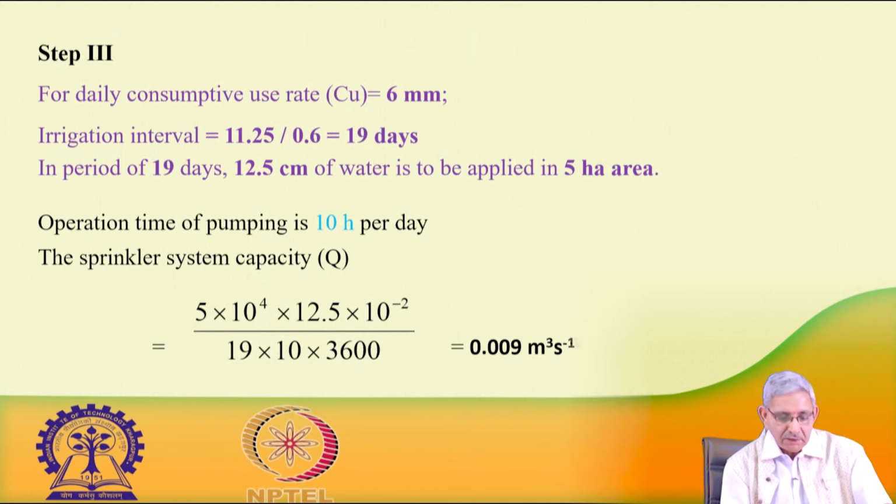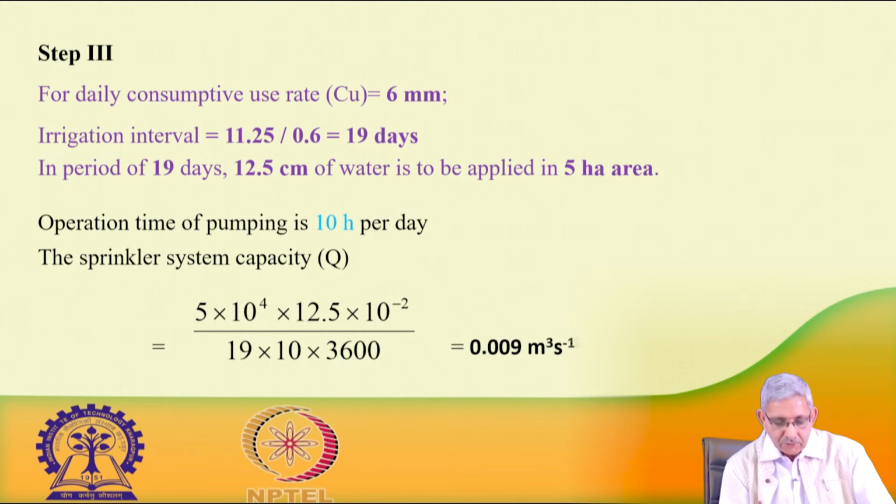So, 5 hectare is 5 into 10 to the power 4 square meter, and then 12.5 centimeter is to be converted into meter, so this will be divided by 100. And then 19 days, 10 hours.